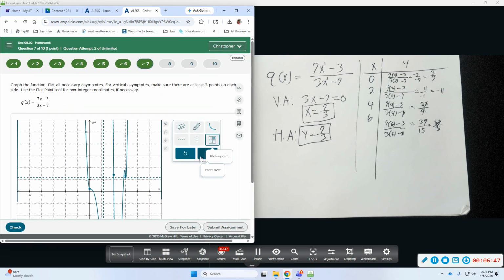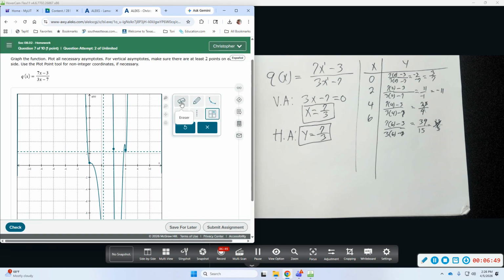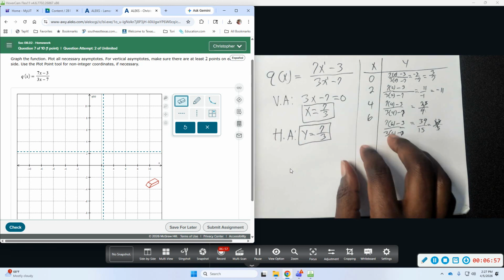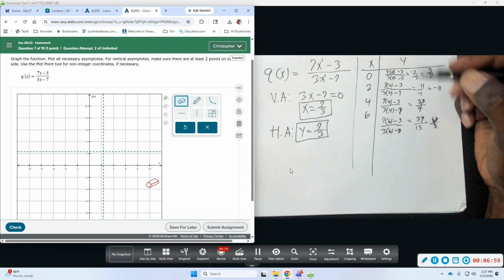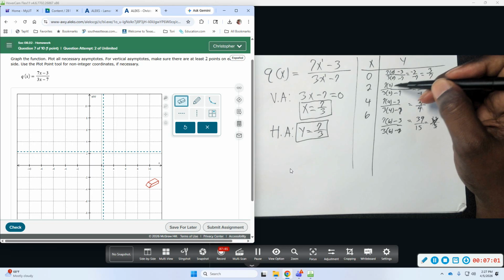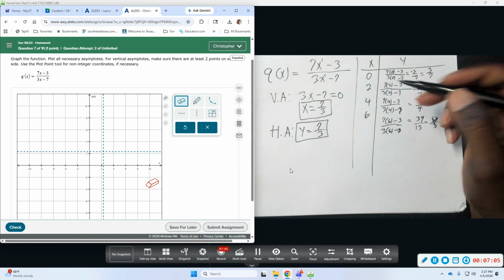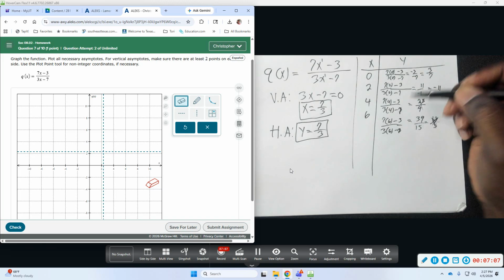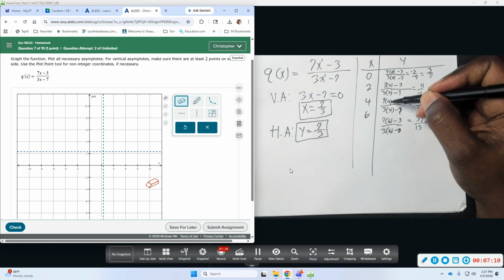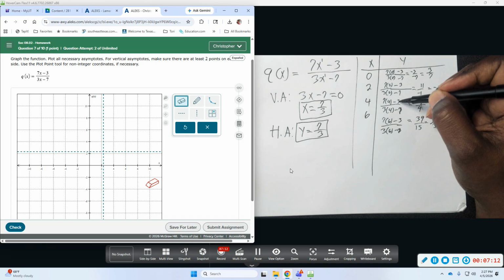Let me stop. Let me erase these points. Okay, so this is good. Those two are okay. So the 0 and the 2 are okay. The 4 and the 6, I changed to 3. 7 times 4 is 28. 28 minus 3 is 25.